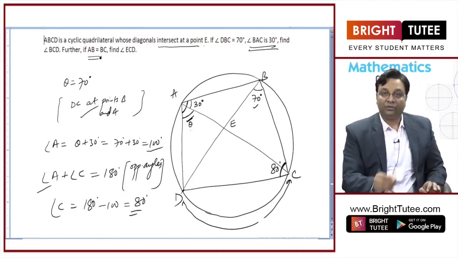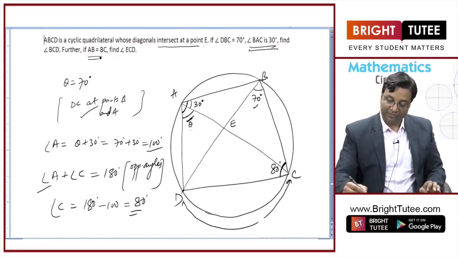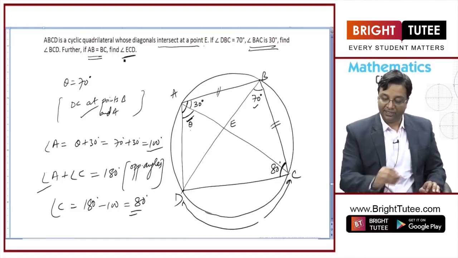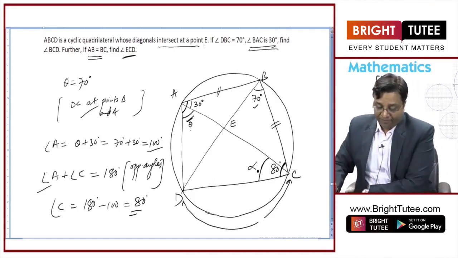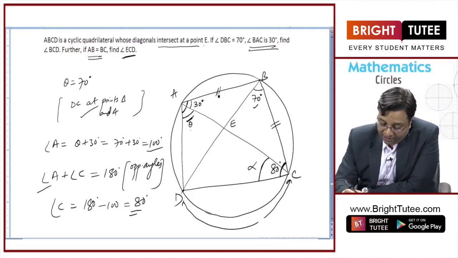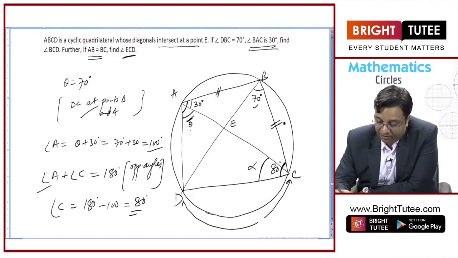Now AB equal to BC. So if it is given that AB is equal to BC, find angle ECD. Which angle is this? Angle ECD, that is this angle. Let us name it as alpha. Okay. Now see, this AB is equal to BC.